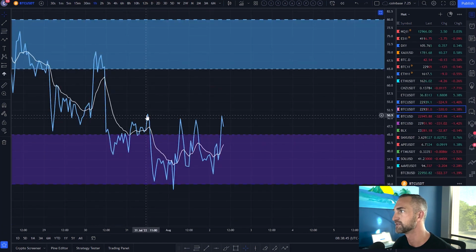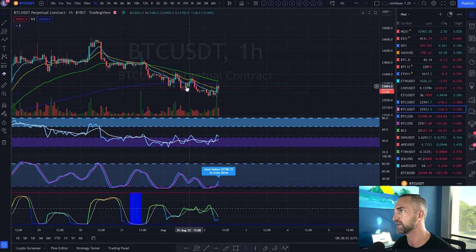RSI is making lower highs as price is making lower highs, so no divergences there. Now, on the other side of that, from this high right here, we do have 2 drives, and we'd have to confirm that as a local high, which would give us a shot back down to the bottom side of the range.